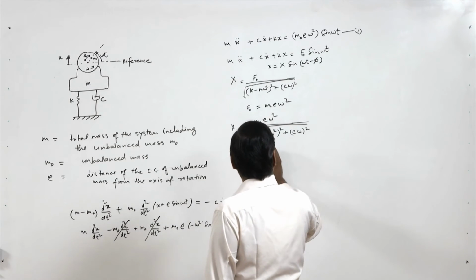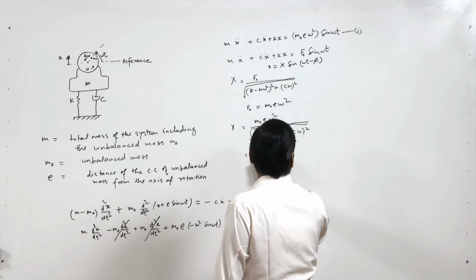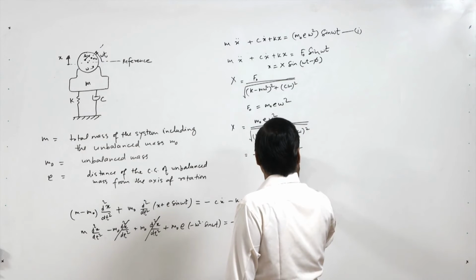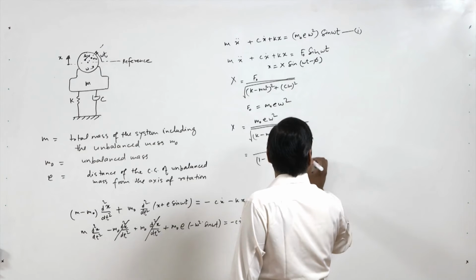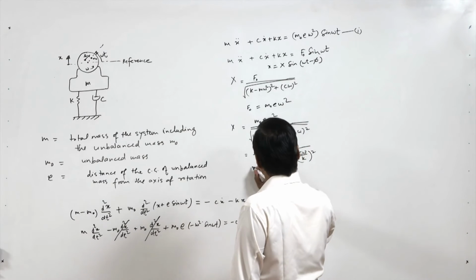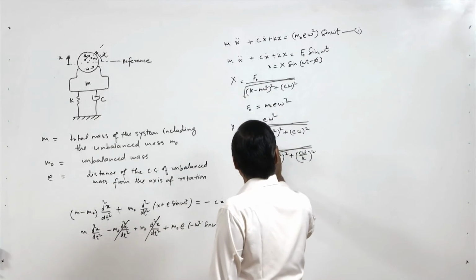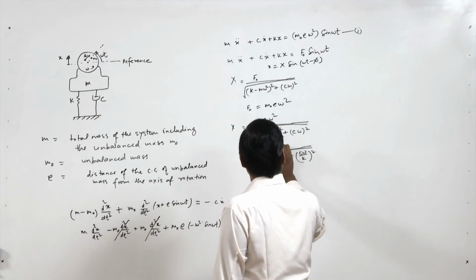Now here we can take k outside, so we can write 1 minus (m by k) omega square whole square plus (c omega by k) whole square under root, and k will be here, so m0 e by k into omega square.